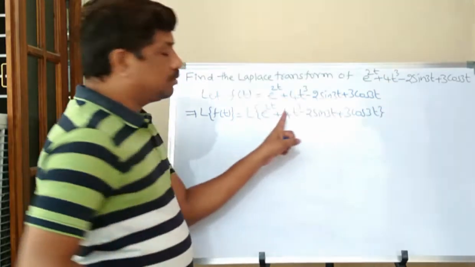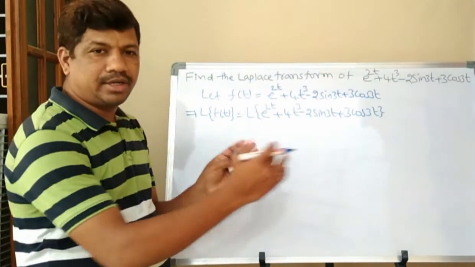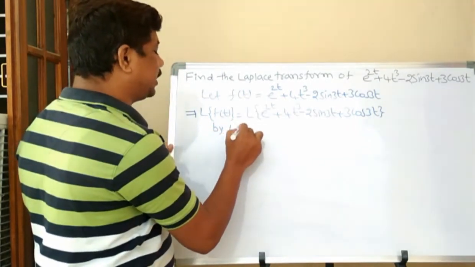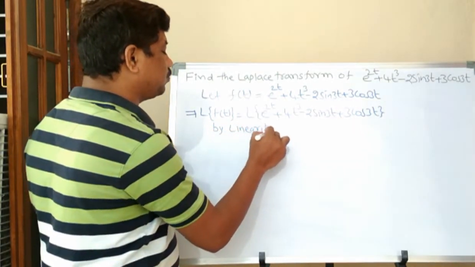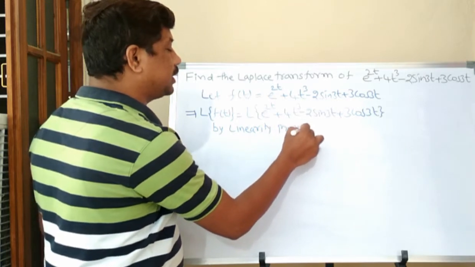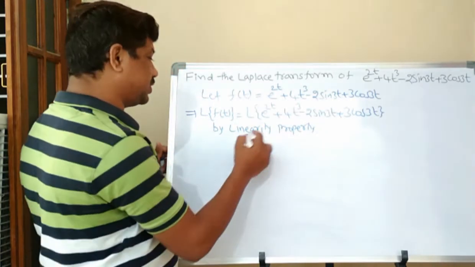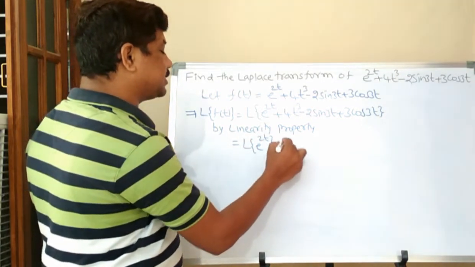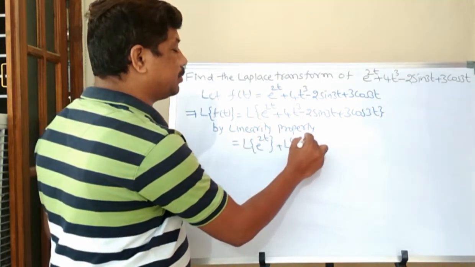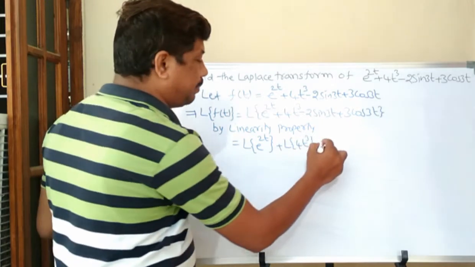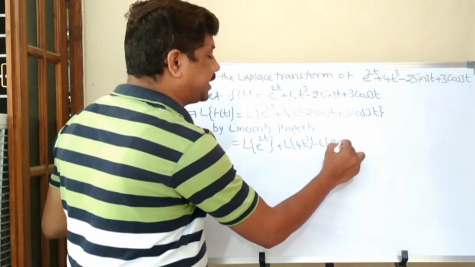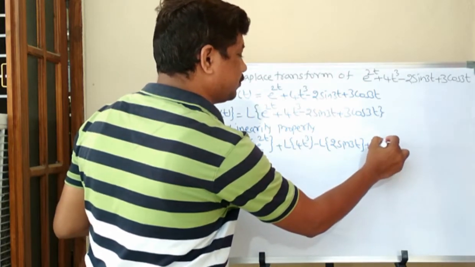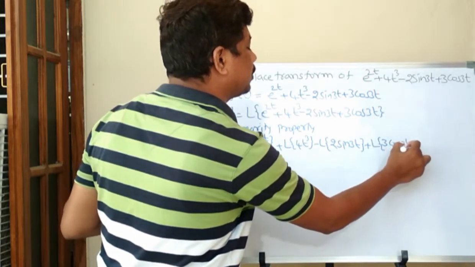By using the linearity property, I would like to split this into 4 parts. So we get Laplace of e power 2t plus Laplace of 4t cube minus Laplace of 2 sin 3t plus Laplace of 3 cos 3t.